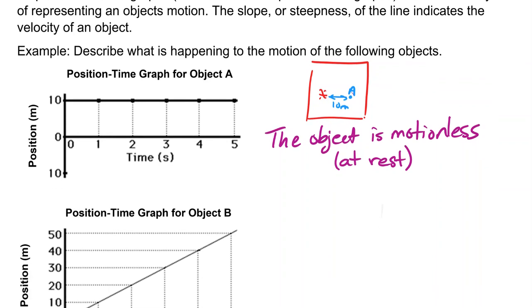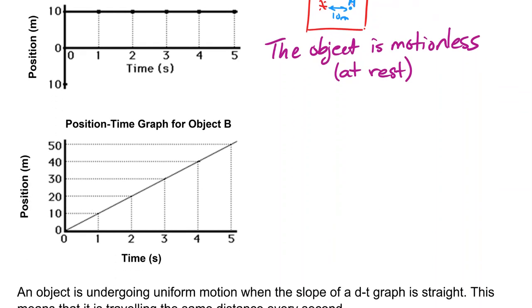Okay, let's take a look at another position time graph for a different object. We've got its position over time. If we were looking at a map again, with a reference point here, object B at time 0 is starting right on the reference point.